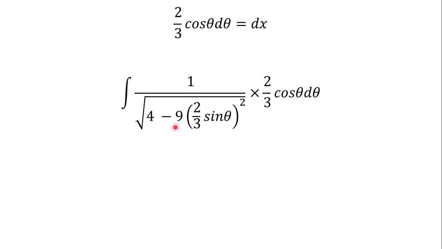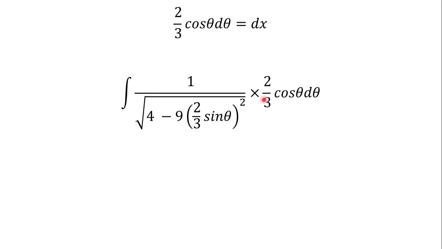Okay, so here the original question was 1 over this, but when we come here, we know what is replacing x in the theta, that is this one, but it was squared, so that's why it is squared here. And we know that this one is replacing ds, so that is why this one is here. Now when you open the bracket, we're going to get 4 over 9 sine theta squared.